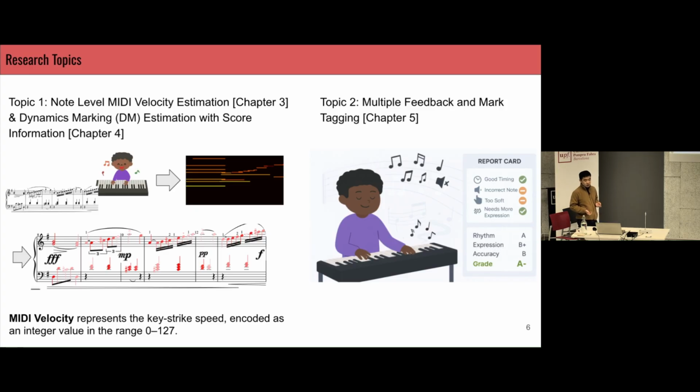The bigger the number, the louder or faster the speed. This MIDI velocity correlates with the loudness of the piano performance for each key. After detecting the MIDI velocity of each key, the aggregate MIDI velocity is translated into dynamics markings. That's the second part of this topic 1.